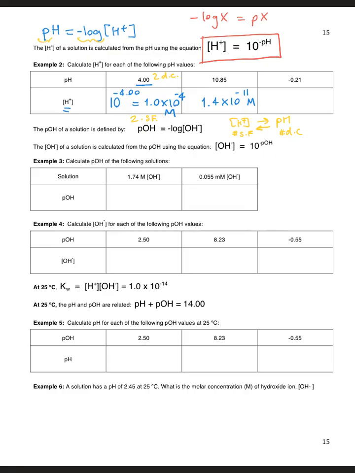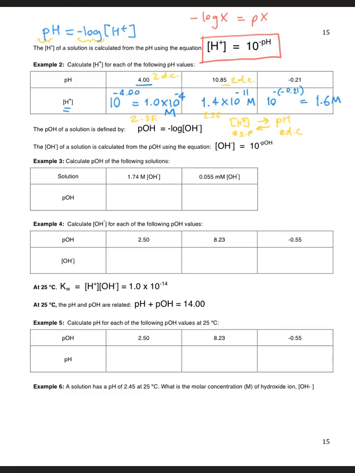Again, 2 decimal places from the pH will become 2 sig figs for the concentration. Let's continue to the next one. The next one is the pH of negative 0.21. So in this case, you are going to do 10 to negative, and don't forget the negative, of negative 0.21. You are going to get the concentration of 1.6 molar.